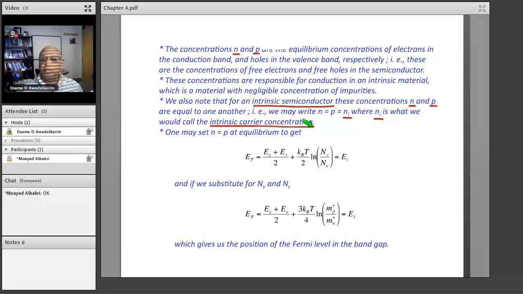So this number, which I call the intrinsic carrier concentration, is equal to either the free electron concentration or the free hole concentration.